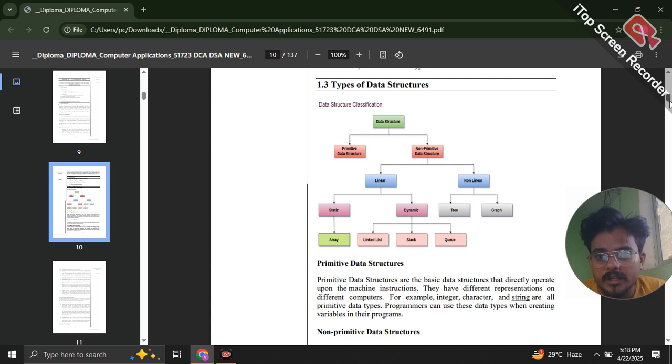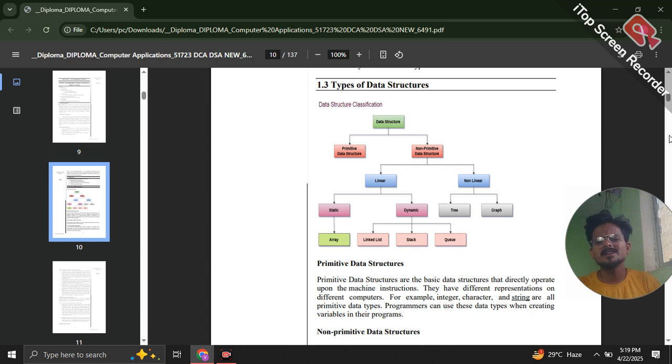So this is called linear and non-linear data structure, and linear is further divided into two parts: static and dynamic, and non-linear is tree and graph. So you can note down, and after that we will study primitive data structures. Without wasting our time, let's move to primitive data structures. Okay guys, let's move to primitive data structures.